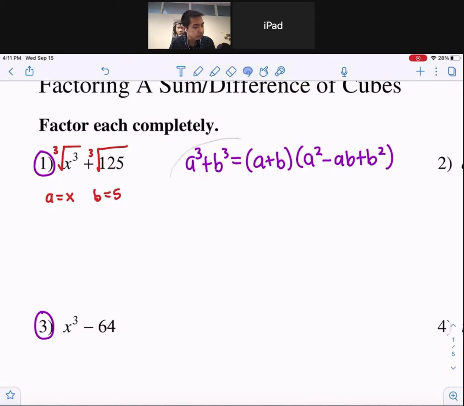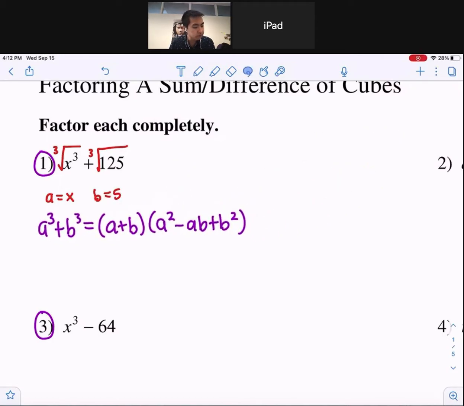Now, we're going to use this formula in order to find our factors. Our a is x, plus our b, which is 5. Remember, everywhere you see an a, it is now x, and everywhere you see a b, it is now 5.